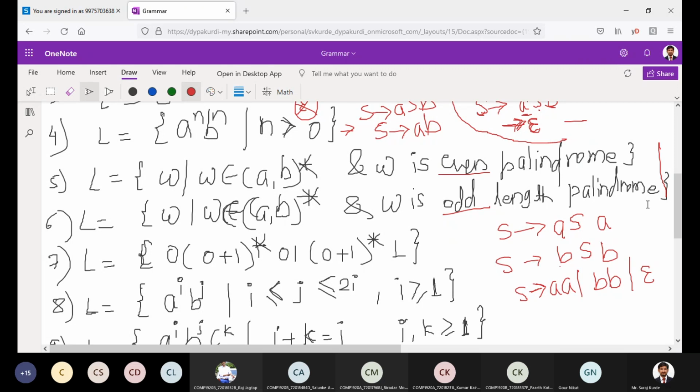Or a string with zero appearance is also an even length palindrome, so we can have epsilon. What about odd length? We cannot have epsilon there. We have A or B, the middle character can be A or B. These two plus this one are for even length.